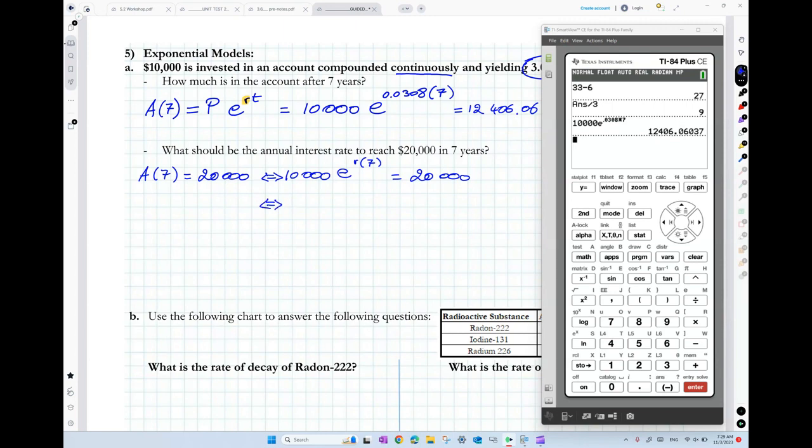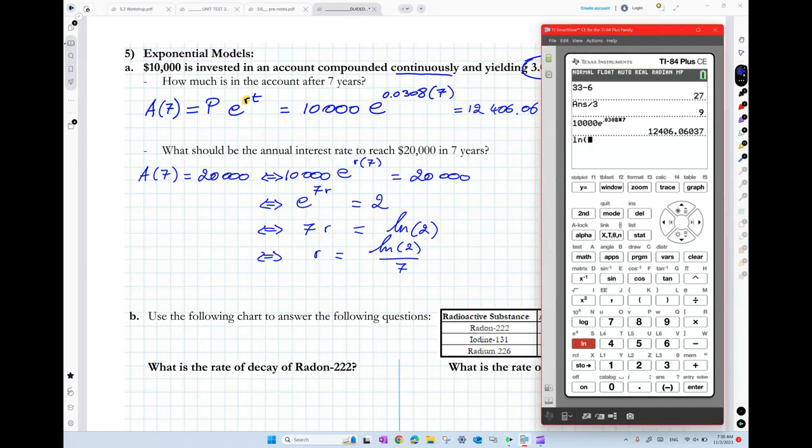So this is actually pretty basic. I'll have base e of 7r equals 20,000 divided by 10,000, which is 2. I cross over the natural base, it becomes ln of 2. And finally, r would be ln of 2 over 7.